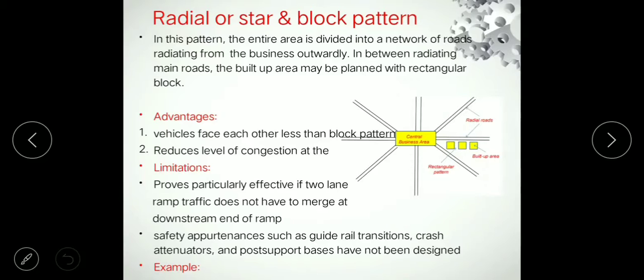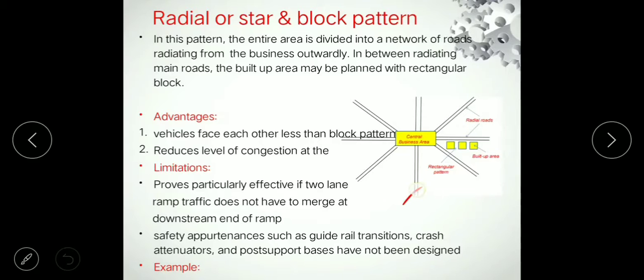Secondly, we have radial or star and block pattern. Now what exactly is radial or star and block pattern? In this pattern, the entire area is divided into a network of roads radiating from the business area. In between radiating main roads, the built up area may be planned with rectangular blocks.